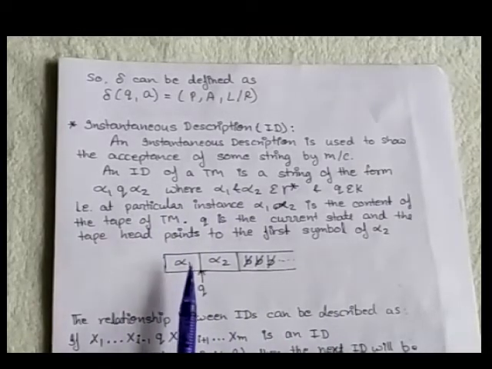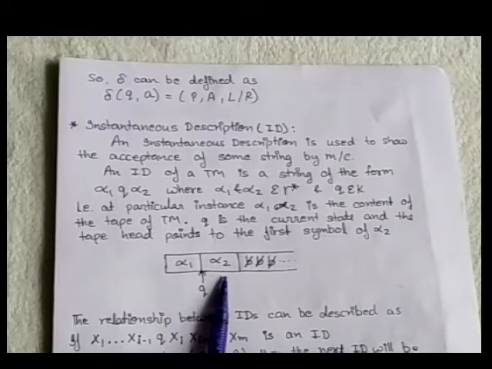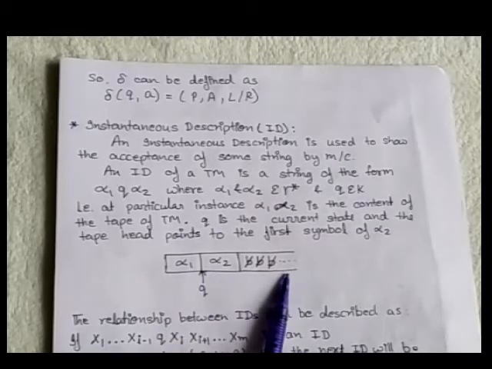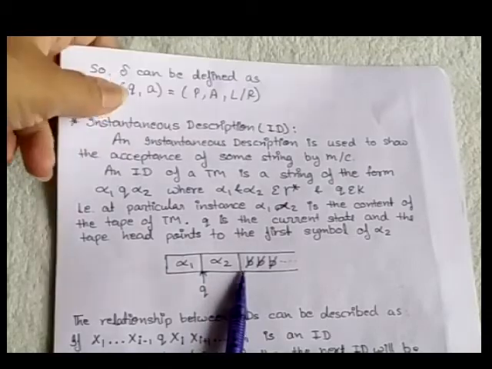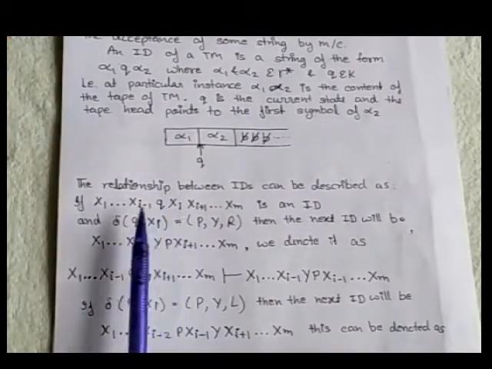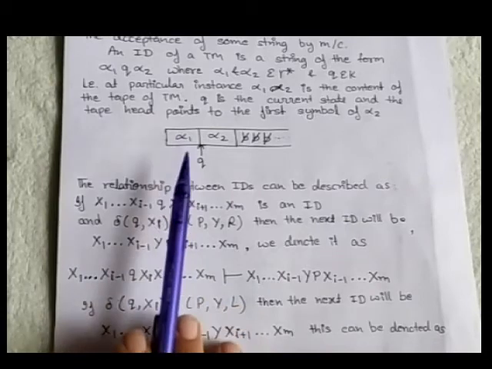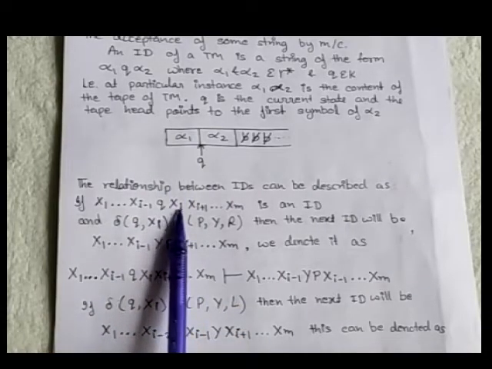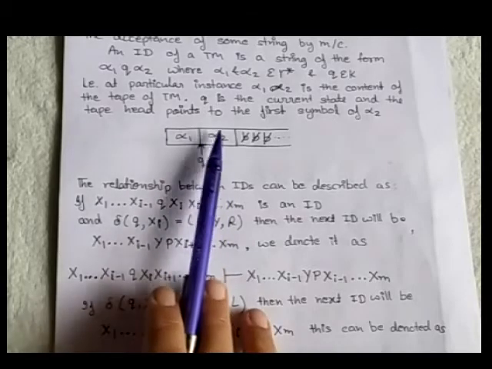Now alpha 1 and alpha 2 are the content of the tape. So this is the scenario of alpha 1 q alpha 2. Suppose we have an instantaneous description of this form. Here x1 to xi minus 1 represents alpha 1, and xi plus 1 to xm represents alpha 2.